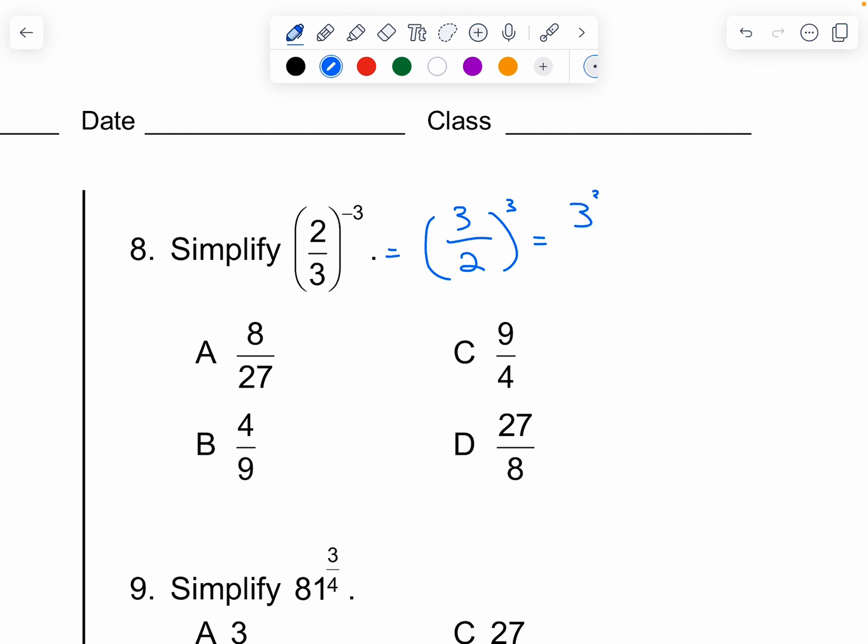Now we still need to cube the top and cube the bottom. 3 cubed, 3 times 3 times 3 is 27, and 2 cubed, 2 times 2 times 2 is 8. You're allowed to use a calculator on this, so shouldn't be too bad. Now you could have arrived at this answer if you distributed the power in first and then flipped second.